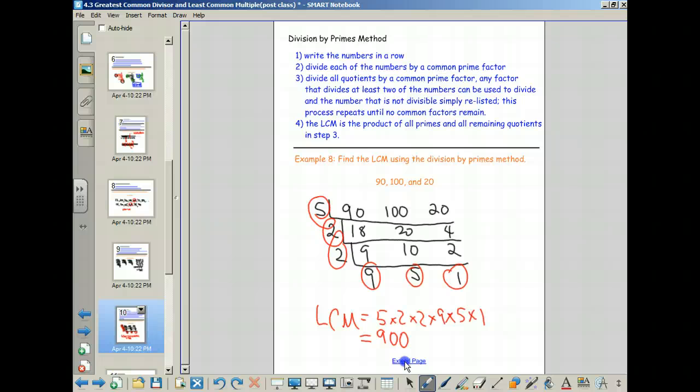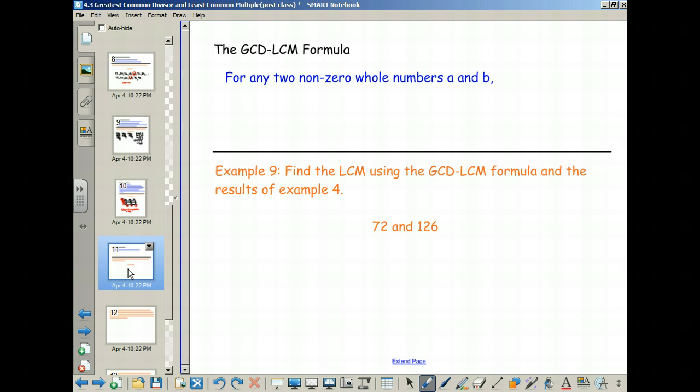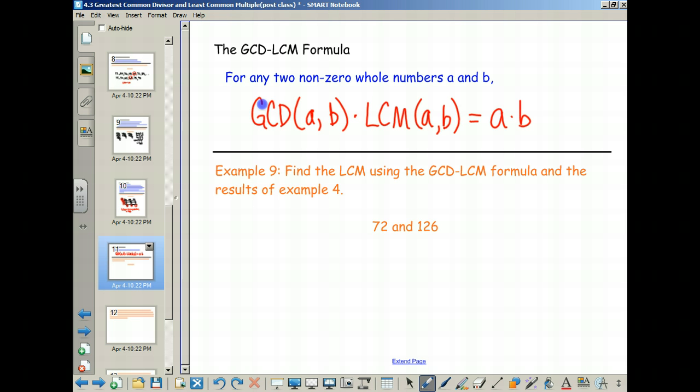Okay. There's a formula that relates greatest common divisors and least common multiples. There's a couple ways to see it, but let me show you the one your book is using. The greatest common divisor of 2 numbers times the least common multiple of 2 numbers equals the 2 numbers multiplied together.